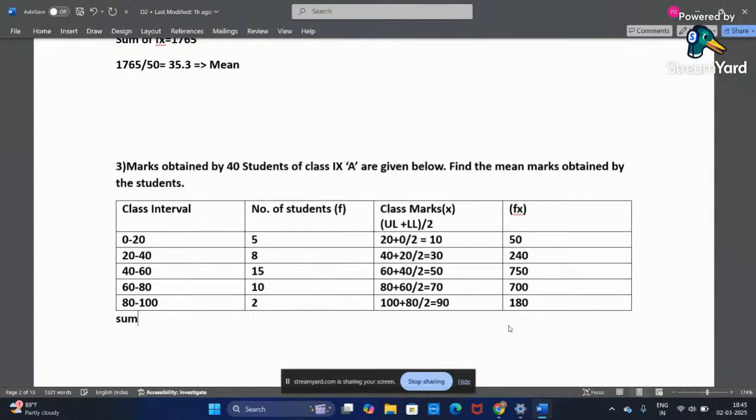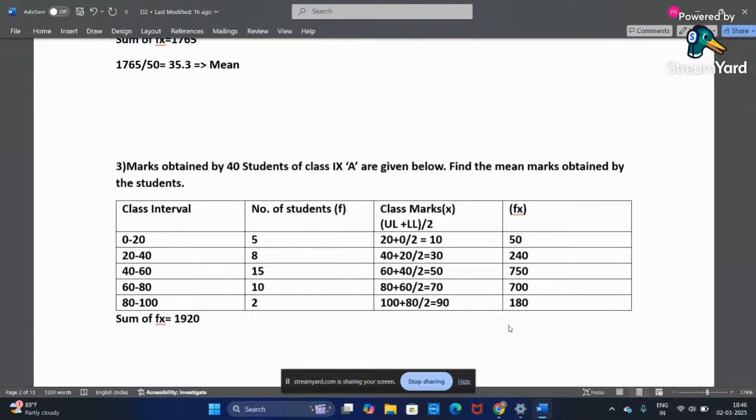What is the sum of fx? Sum of fx is 1920.